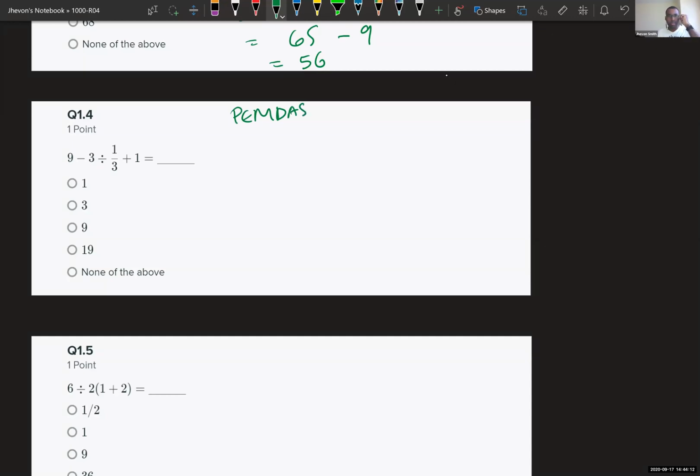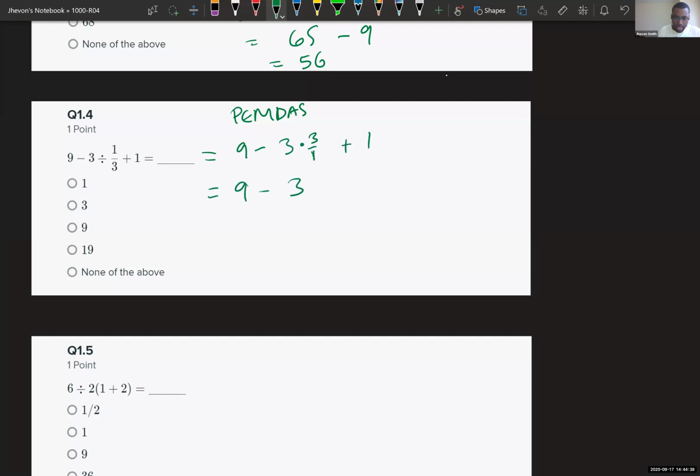Division. And how do we do the division? You'll do 3 times 3 over 1. You do keep, change, flip. Exactly. So this would become 9 minus 3 times 3 over 1.